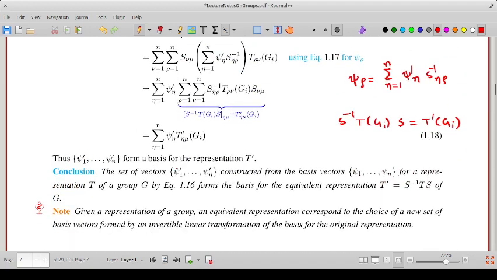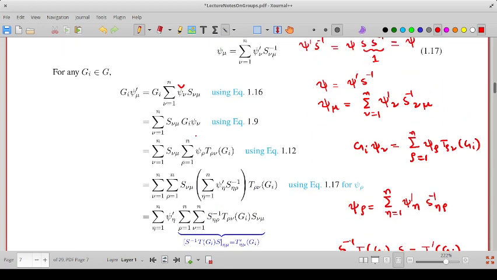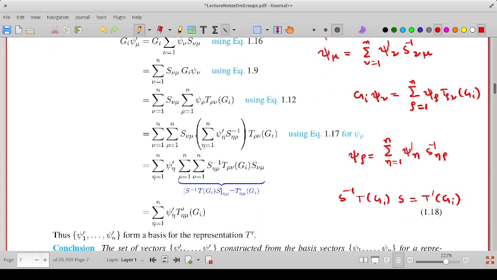So on the right hand side, I have sum over eta running from 1 to n, psi dash eta, T dash eta mu Gi. Which tells us that the matrices T dash are, as we have already seen, an equivalent representation of the group G, and the corresponding basis vectors for the representation matrices T dash are psi dashes.